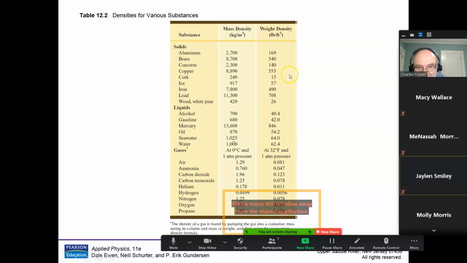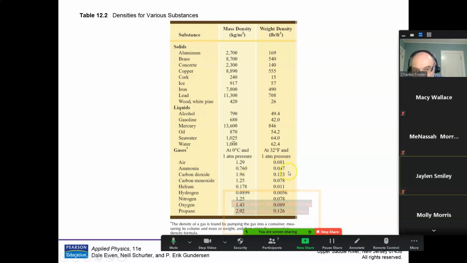Sorry. Okay. Now these gases are given at the freezing point of water and 1 atmosphere of pressure, in both cases here. Air is way less dense than water. Water is 1,000, air is 1.29, okay? Or in pounds per cubic feet, 0.081.